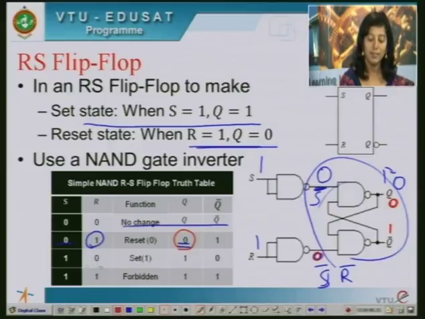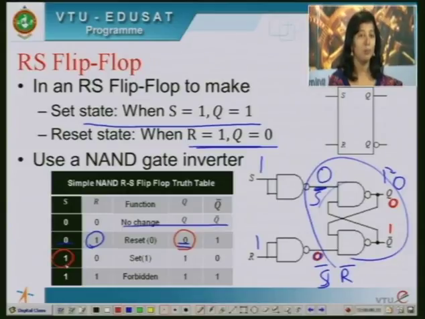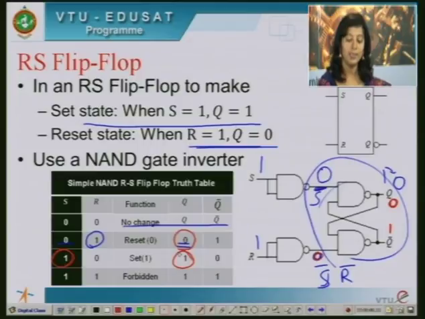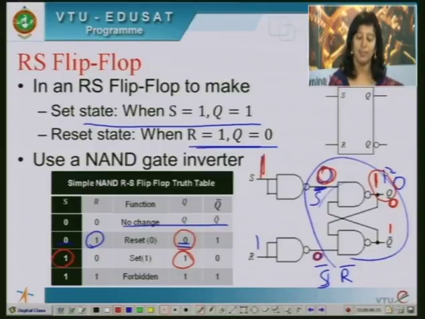Similarly, whenever set input was high, the third case, the output becomes high. That means when S is high here, this becomes 0. So, output of this gate becomes high, or Q is high. So, Q becomes high as normal. The other things work as normal as we have analyzed in the other cases.